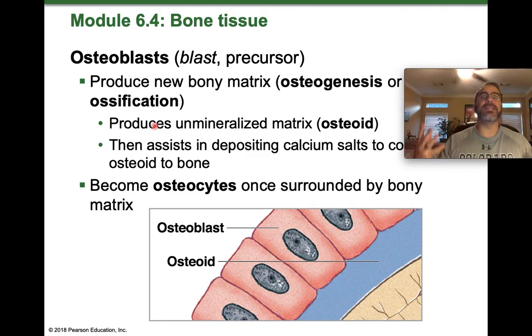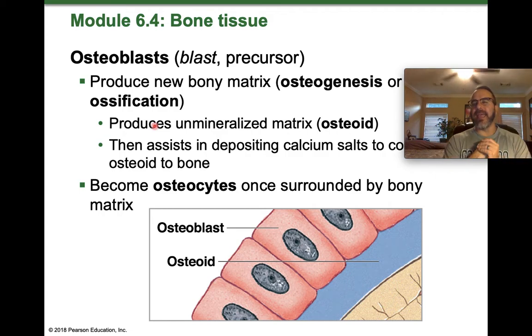So, now we're talking about an osteoblast, and I said osteoblast means to build. So, osteoblasts are going to secrete a substance that we call the bony matrix. First thing it does is it creates this substance called osteoid. And osteoid is when the minerals have not deposited yet. So it's really rich in collagen, and other proteins too, but it hasn't gotten hard yet.